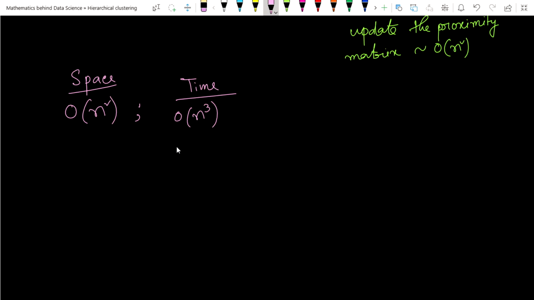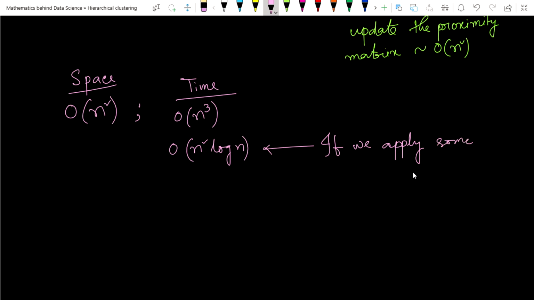But if we apply some complex data structure, we can make it order of n squared log n. So it is possible to convert it to n squared log n.